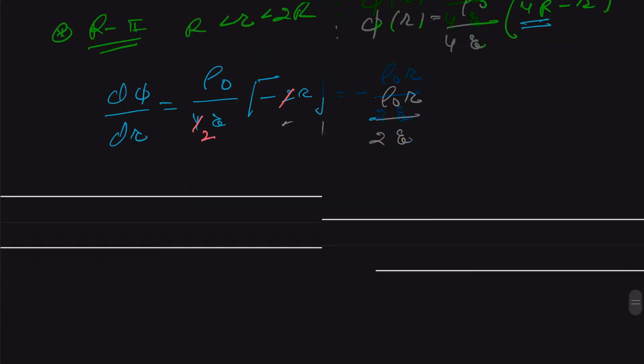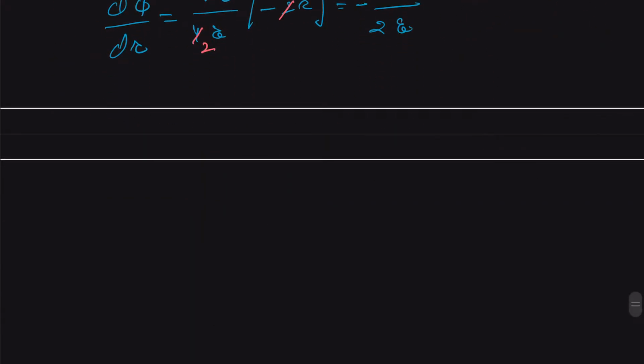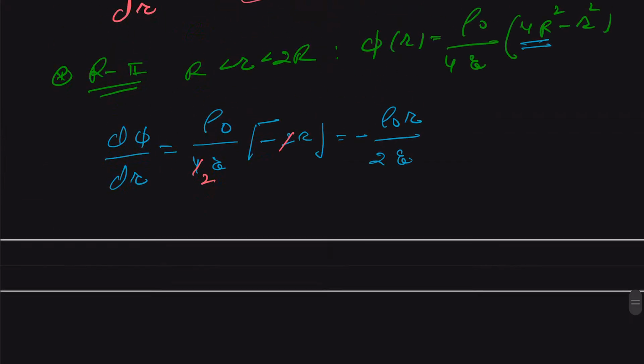And we need to find the electric field. The electric field we know is the negative of this. So we can say the electric field at point r is minus d phi upon dr times the r unit vector. So this becomes positive: rho naught r upon 2 epsilon naught times our r unit vector.